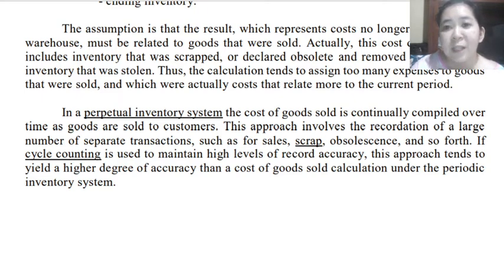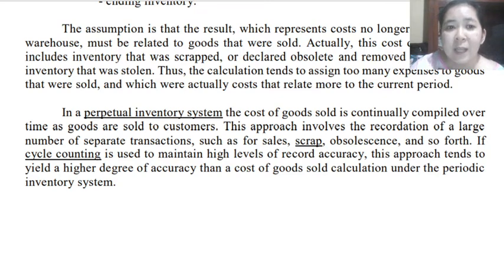So they continually compile over time as goods are sold to customers or if there are purchases of the inventory. This approach involves the recording of a large number of separate transactions. They can even record the sales, scrap, obsolescence, and so on, to account for how their inventory was taken from the warehouse.